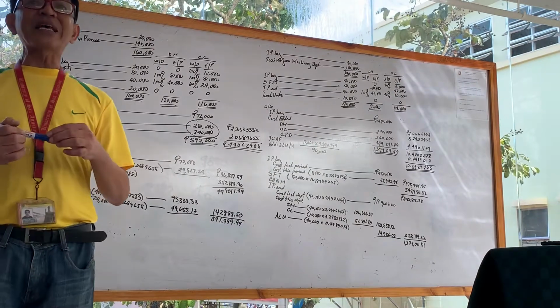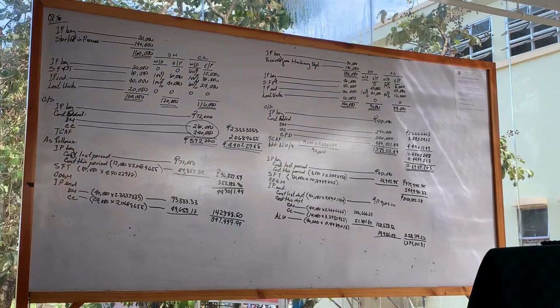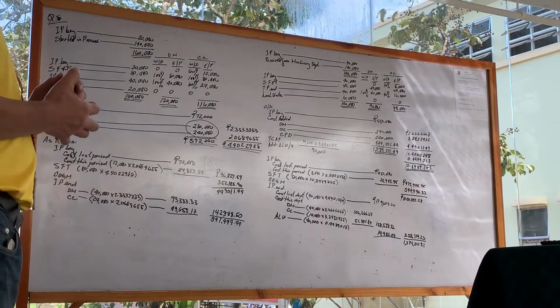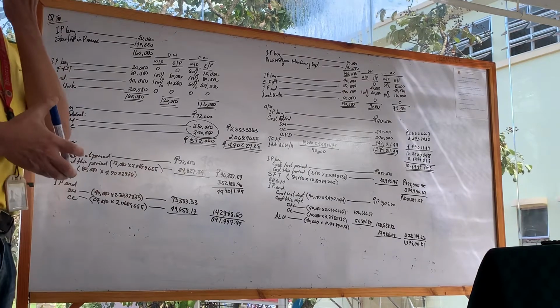Second entry, to record your cost of goods manufactured.